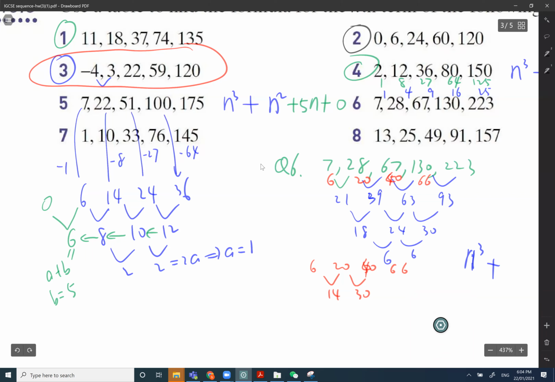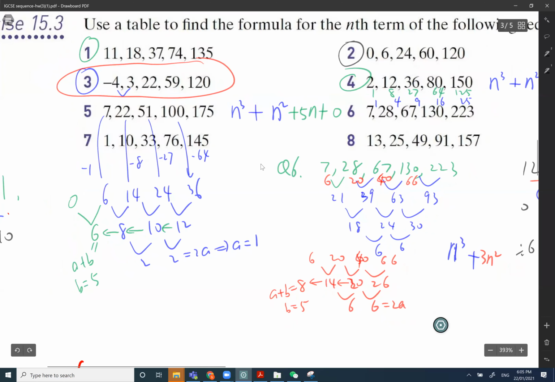14, 20, 26, 6. We got 3n squared, because this is 2a. The previous one, 8. This is a plus b. So b equals 5, which means we got 5n minus 2.